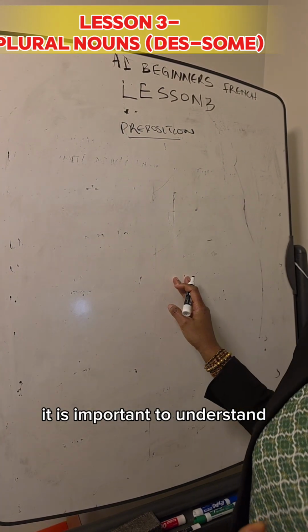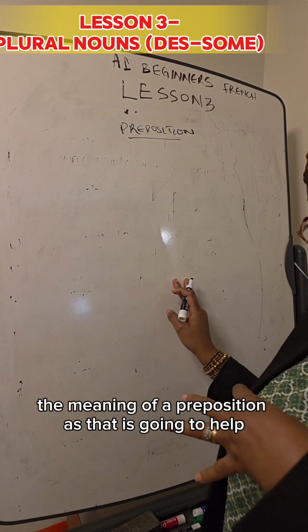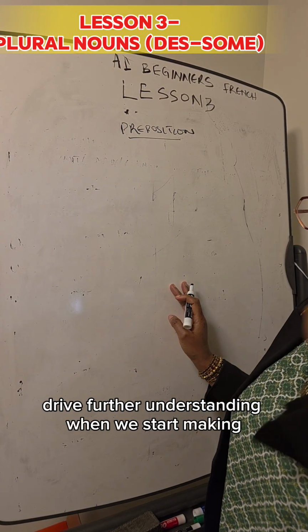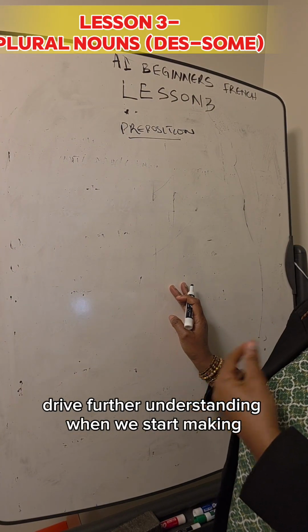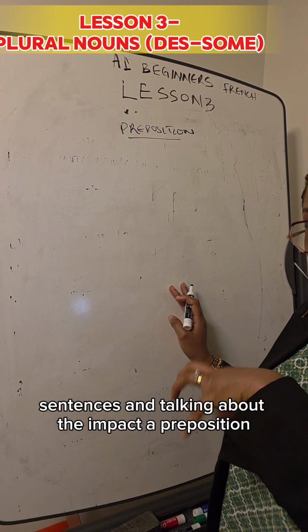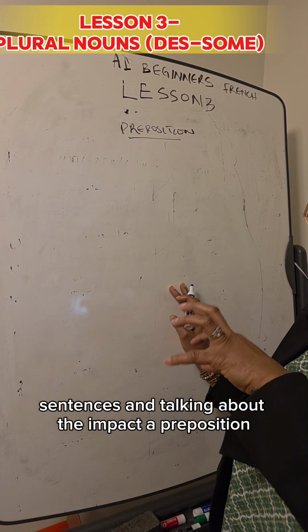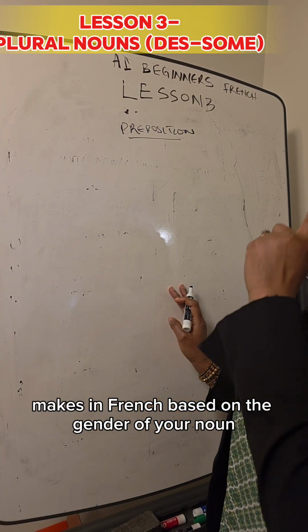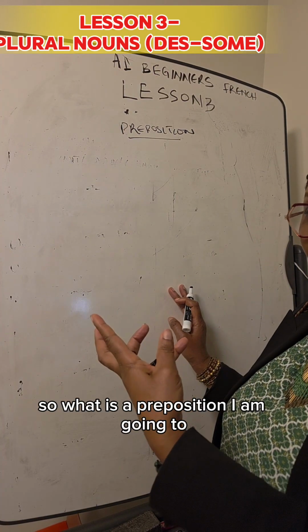It is important to understand the meaning of a preposition, as that is going to help drive further understanding when we start making sentences and talking about the impact a preposition makes in French based on the gender of your noun. So, what is a preposition?